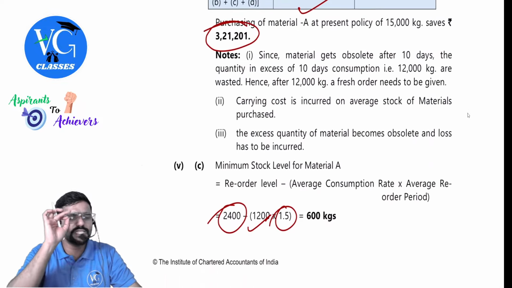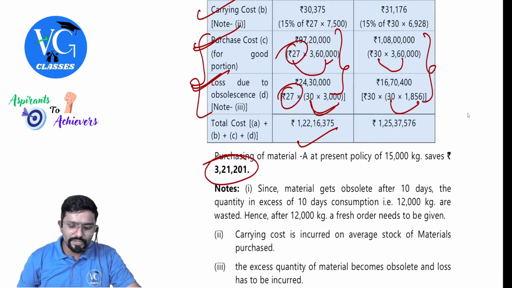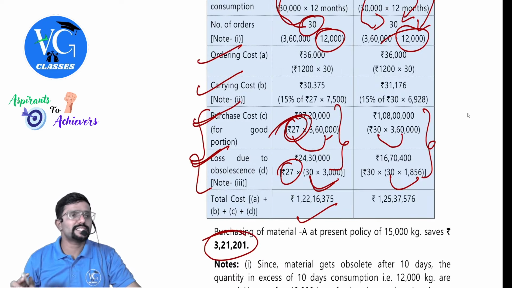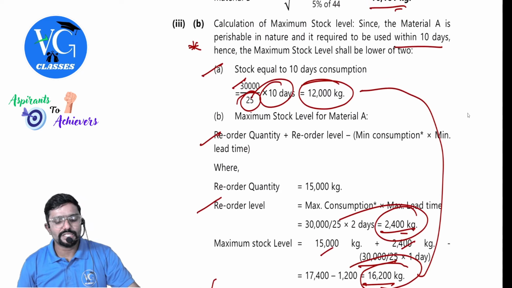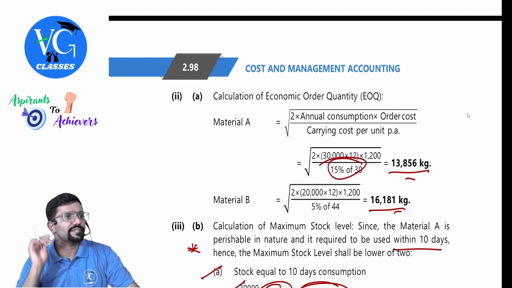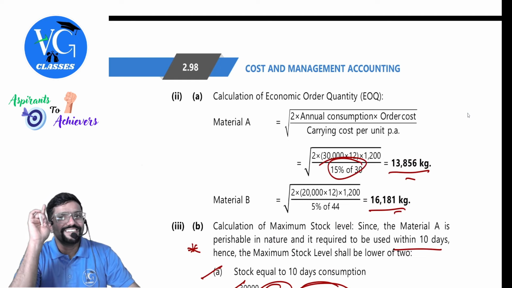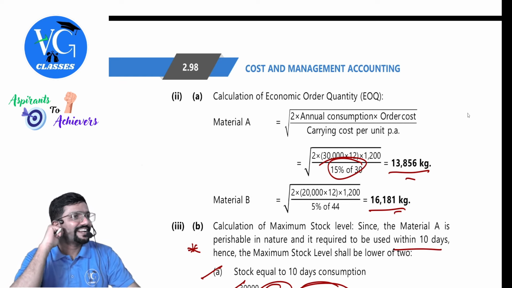Okay. Guys, one more, just for clarity. Listen here. Sir, here you took 27 rupees as the purchase price. Clear? Why didn't you take it in the EOQ calculation? They have taken the actual price, sir. Because only if you purchase 15,000 kgs will you get the discount. Clear?